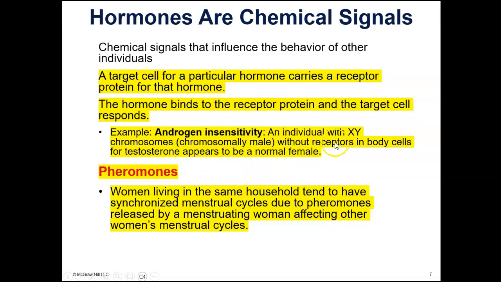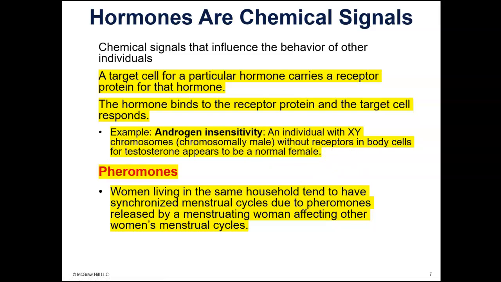So if you have an individual that has X and Y sex chromosomes, that means chromosomally, biologically, they are male, but their body cells don't have receptors for testosterone. They can make tons of testosterone, but until that testosterone binds to its receptors, it doesn't do anything. So instead of developing into a biological male, the person develops into a normal female, having all the female reproductive organs.